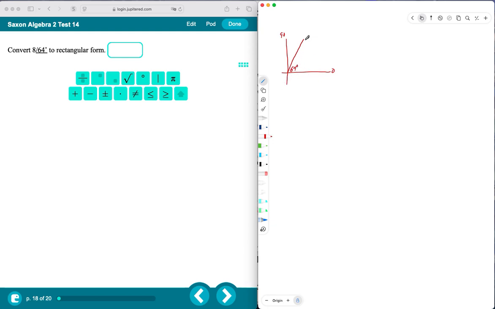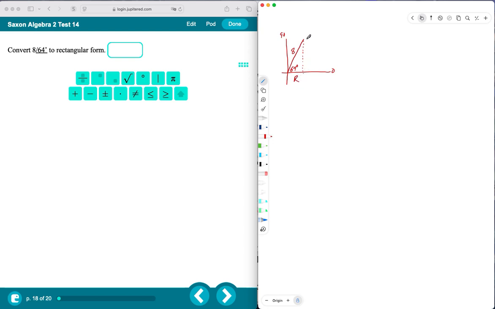And then we create this, the length here, 8, that's the hypotenuse. That's the length of the hypotenuse. So we're going to drop down an imaginary line, and we're going to figure out the legs of the triangle. And that's your rectangular form. So this is going to the positive side of the x-axis. It's a positive r.